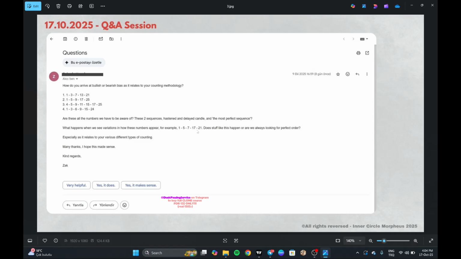This is not what we want to see every time. If these numbers are converging or diverging, then you should know and anticipate that things change in that condition. So it's always best to wait for the perfect order.